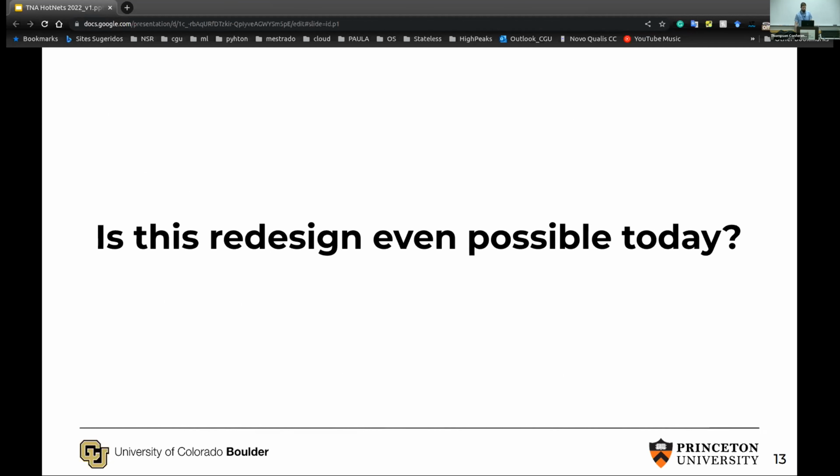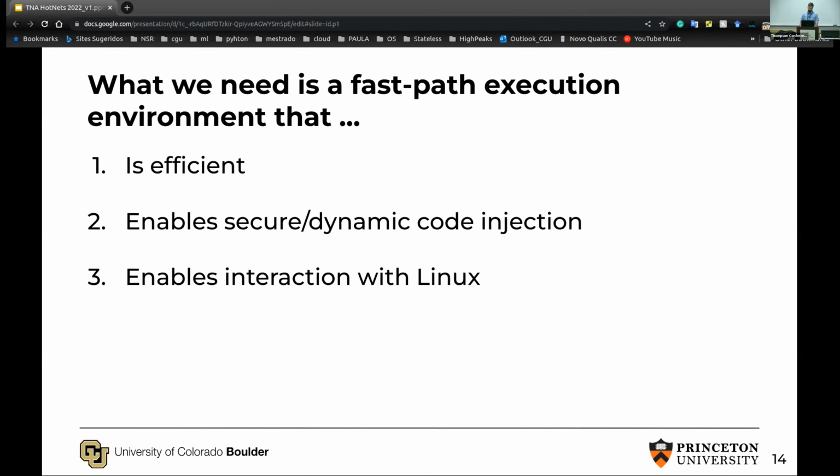With those opportunities in mind, now we ask, is this redesign realizable with technology that we have available today? To do this redesign, what we need is a fast path execution environment that, first, is designed to be efficient.